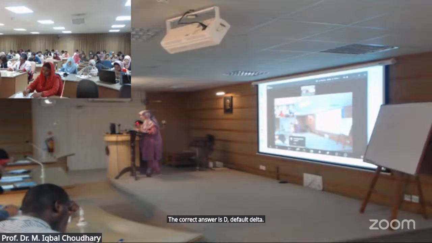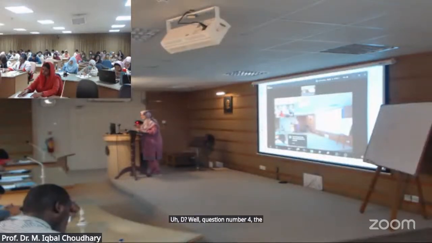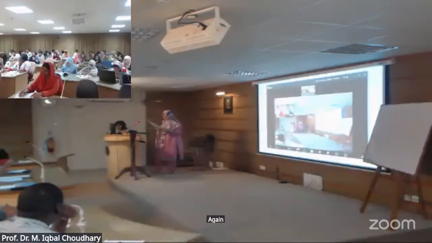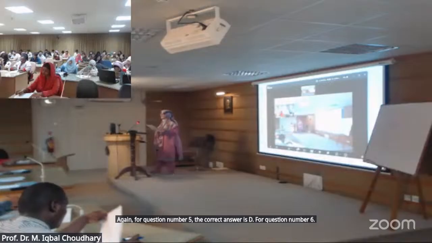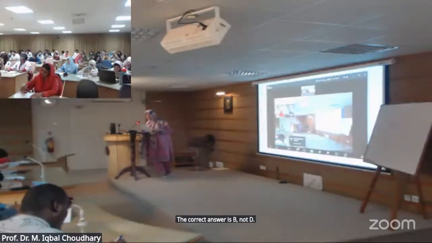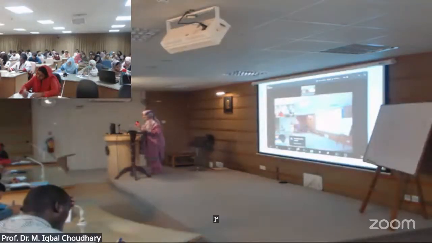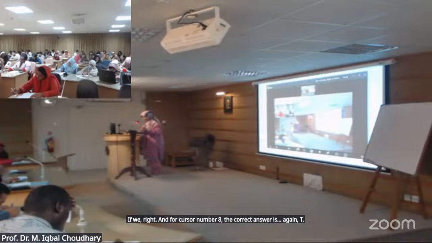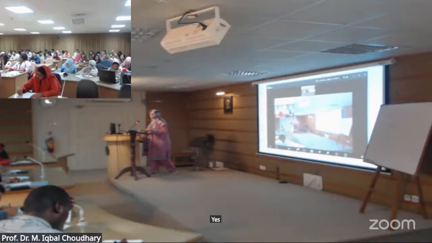And for question number 3, the correct answer is D. For question number 4, the correct answer is D. Again, for question number 5, the correct answer is D. For question number 6, the correct answer is B, not D. For question number 7, the correct answer is C. And for question number 8, the correct answer is again D. And for question number 9, it's B. And for question number 10, the correct answer is C.